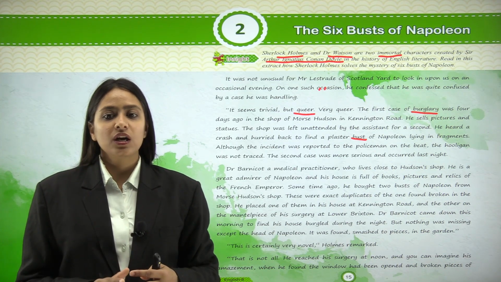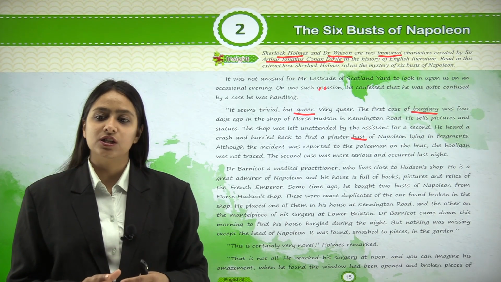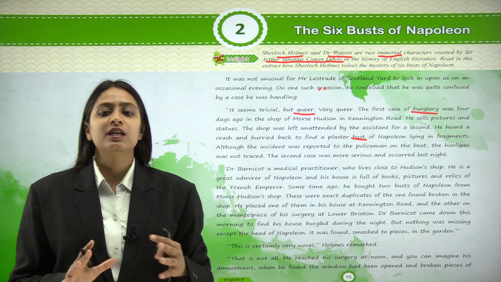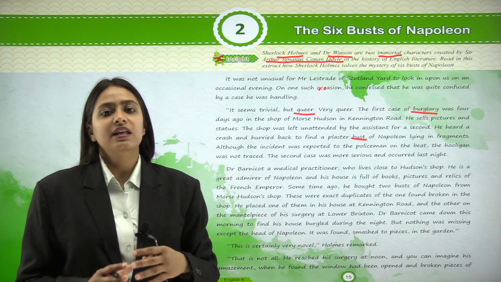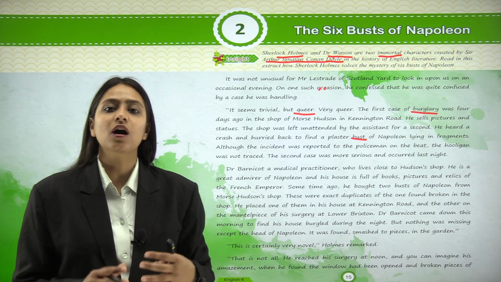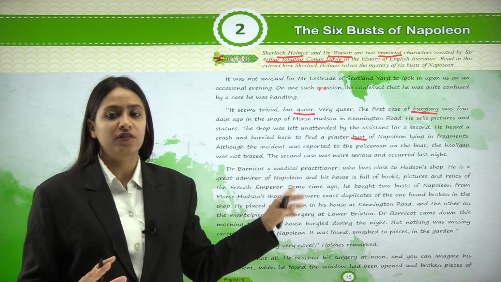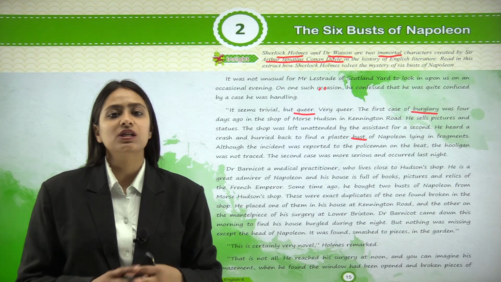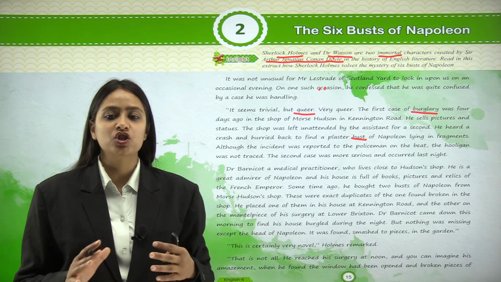Dr. Barnicot, a medical practitioner who lives close to Hudson's shop, is an admirer of Napoleon, and his house is full of books and pictures and relics of the French emperor.